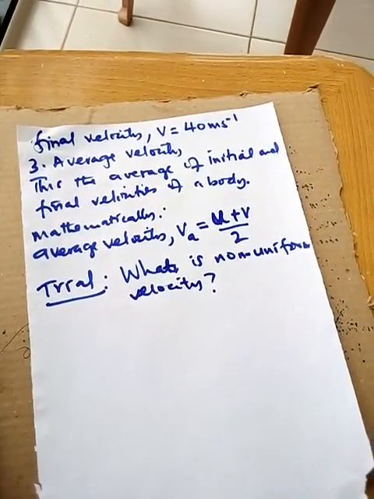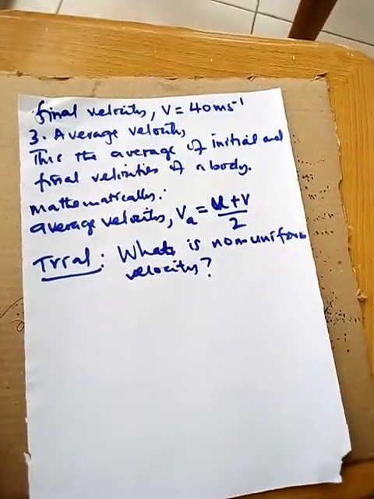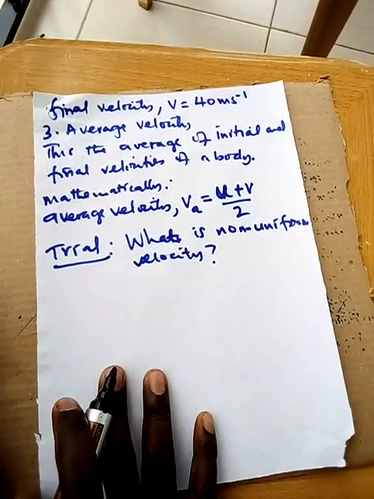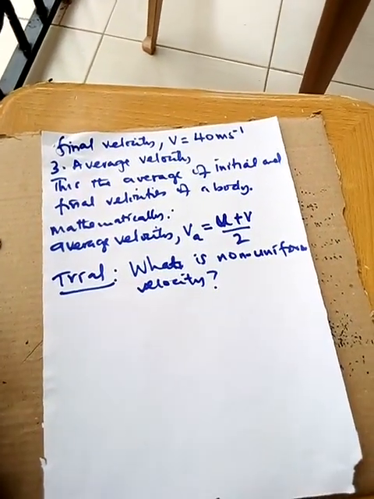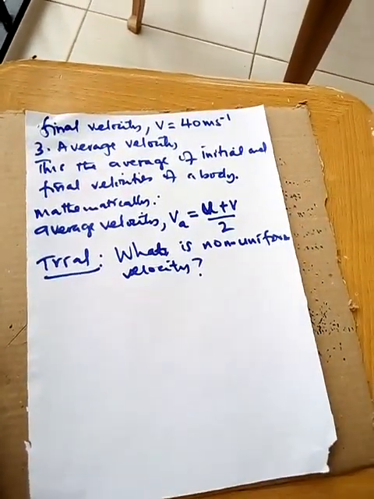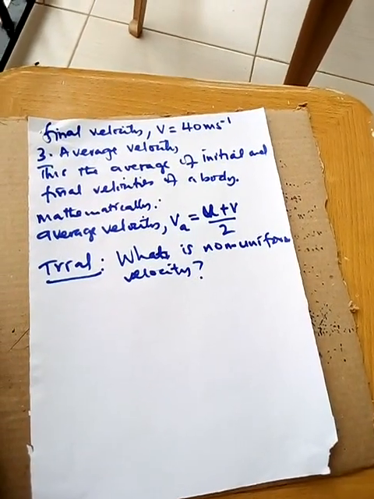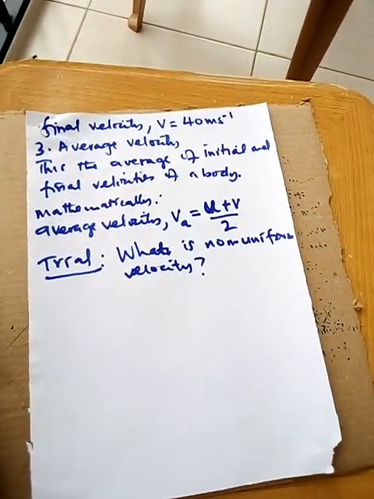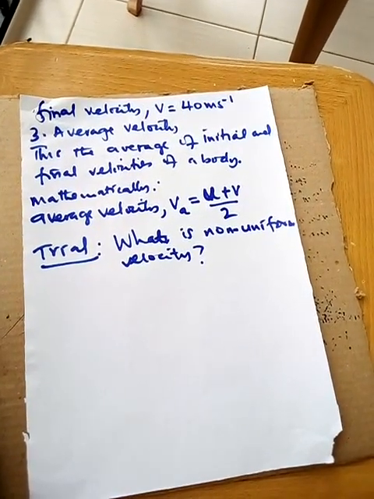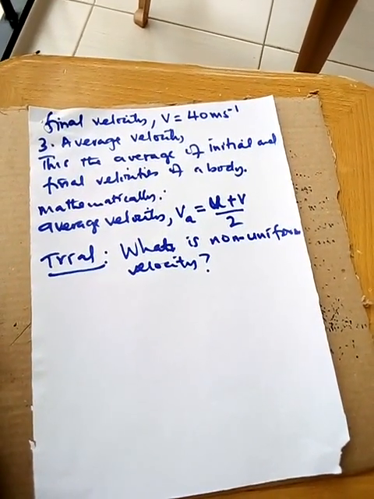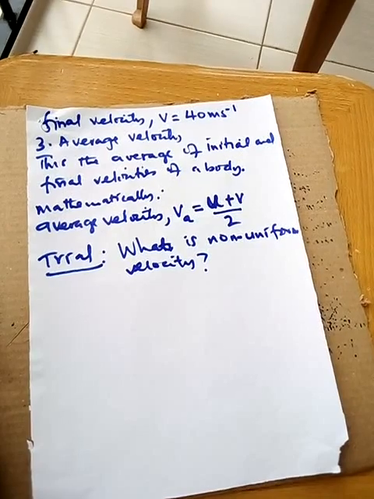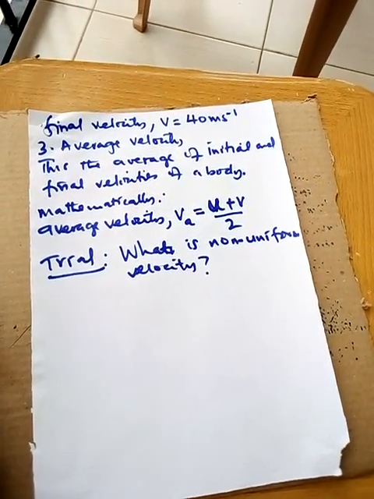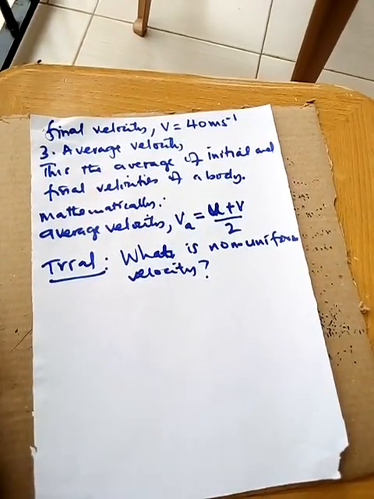You will tell me the answer for what non-uniform velocity is. Include some illustration to describe non-uniform velocity of an object. You can use a graph, you can use a table, to illustrate for me how someone else can understand non-uniform velocity.